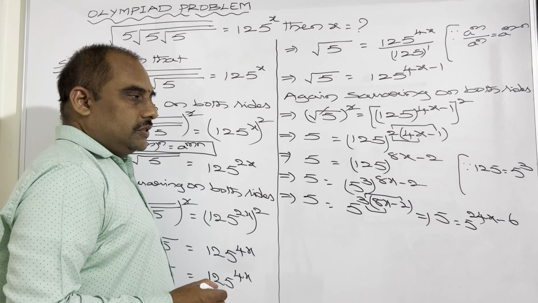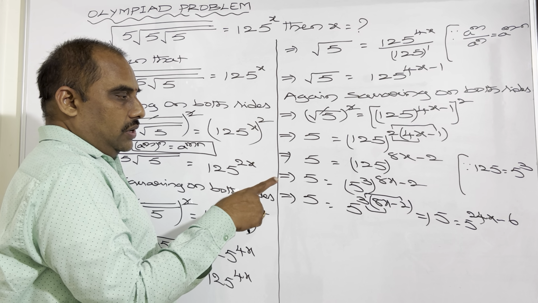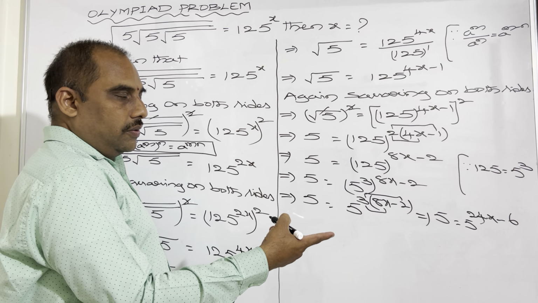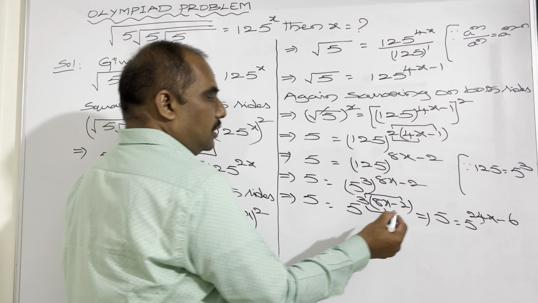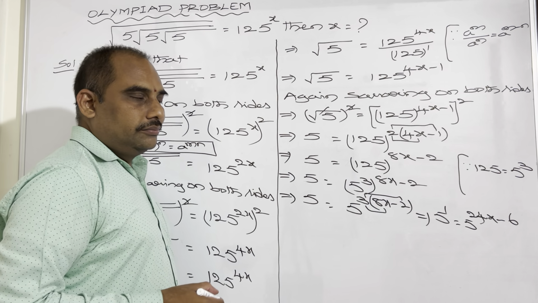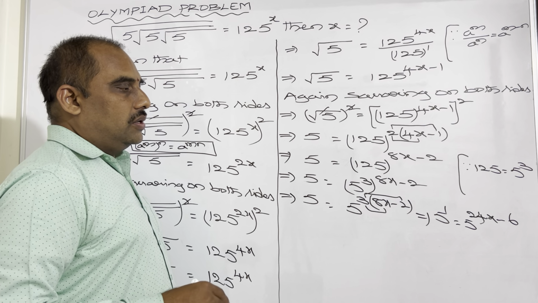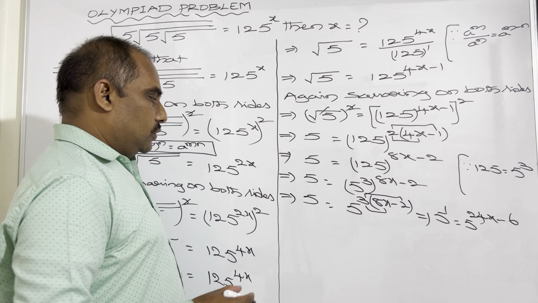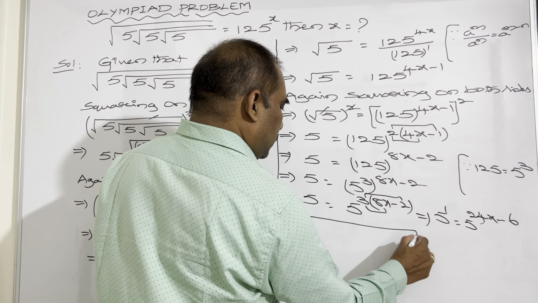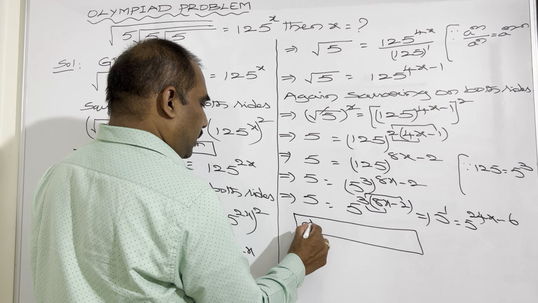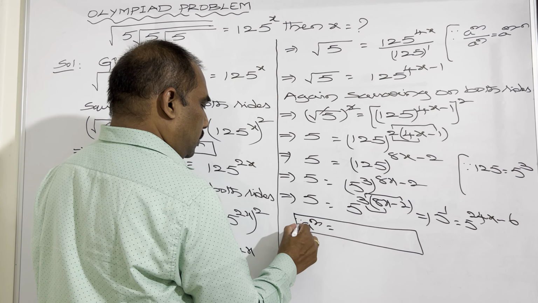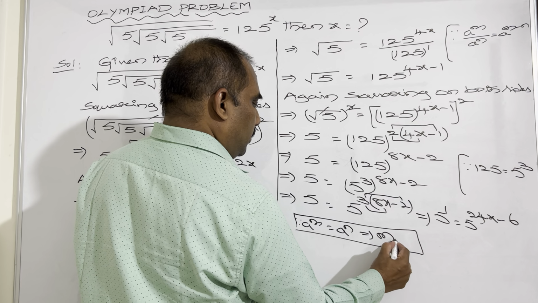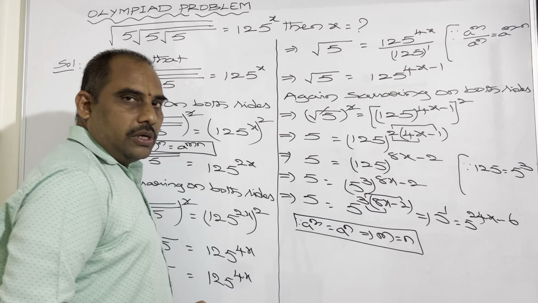See, observe both sides here. The left hand side is also 5, the right hand side is also 5. But on the left hand side, the power of 5 is 1. So 5 power 1 is equal to 5 to the power of 24x minus 6. This is like the property, suppose a to the power of m is equal to a to the power of n, then it can be written as m is equal to n.